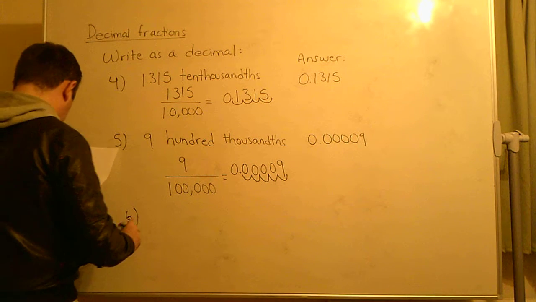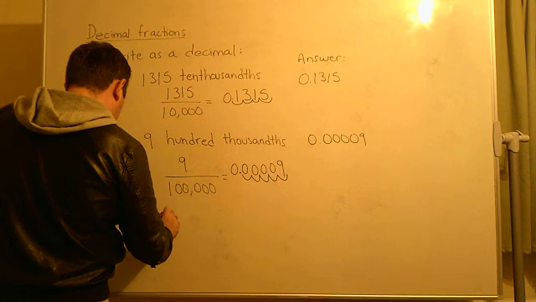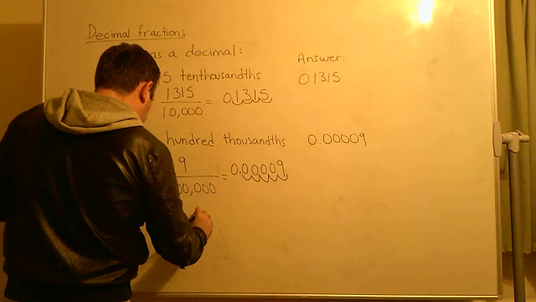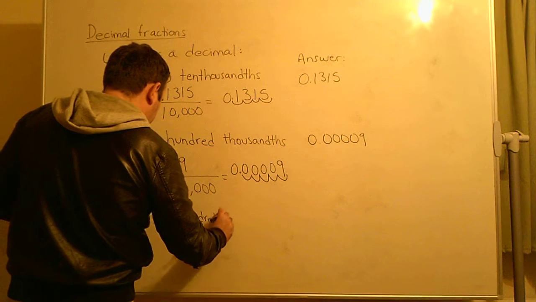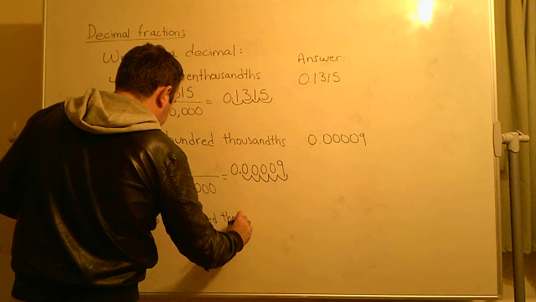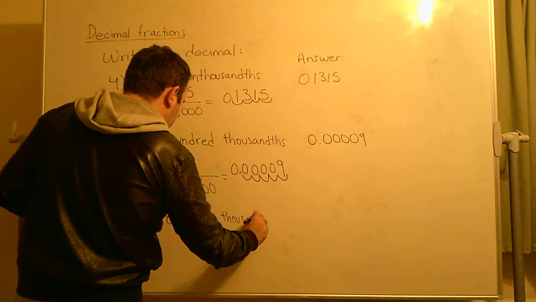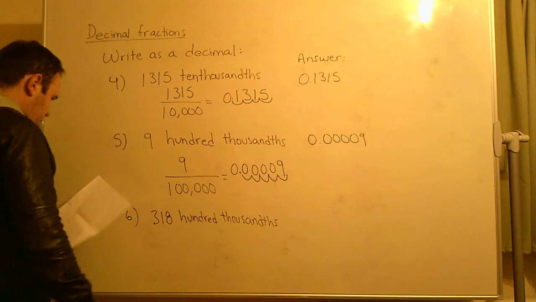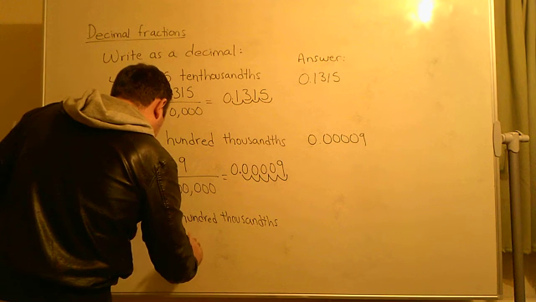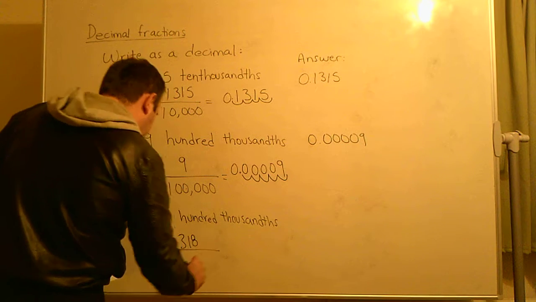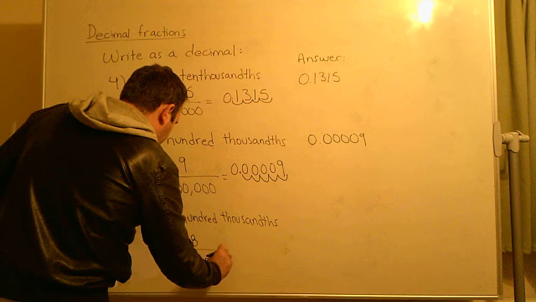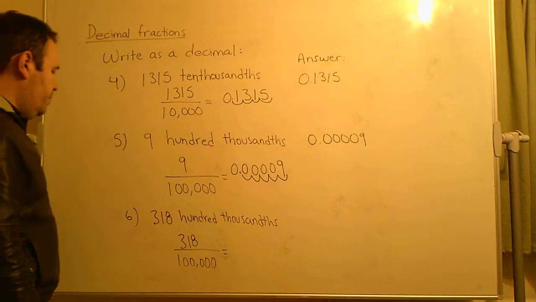6. 318 divided by 100,000. So we have 318 divided by 100,000.